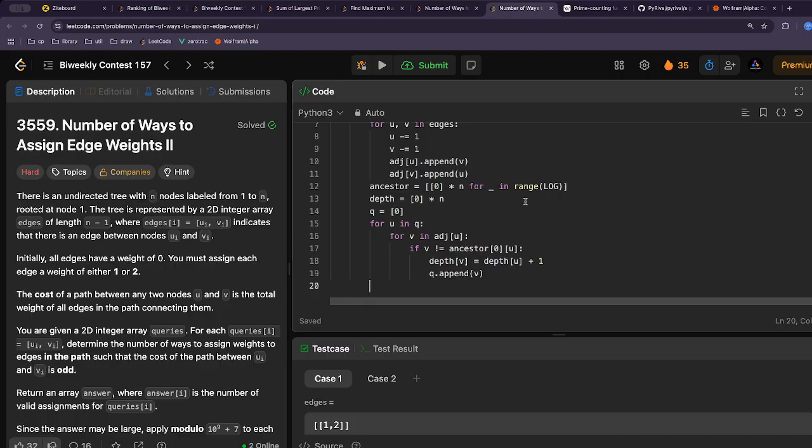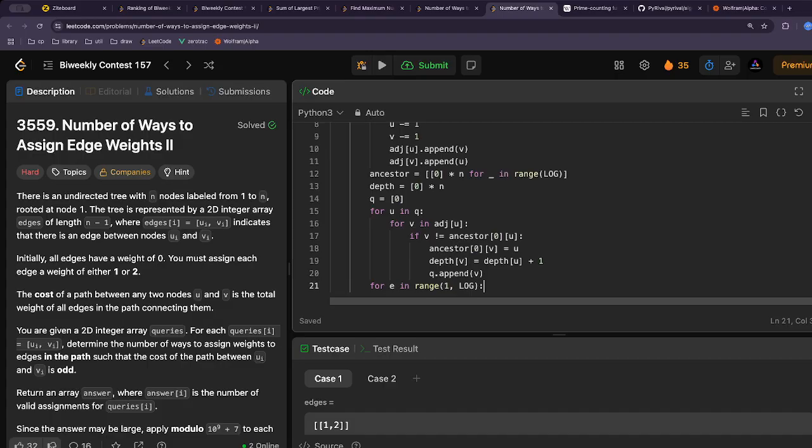But now we can use our recurrence, right? Let's call it E for exponent. Oh, sorry, we need to do this first: ancestor of B equals U, right? So 0 is already covered.